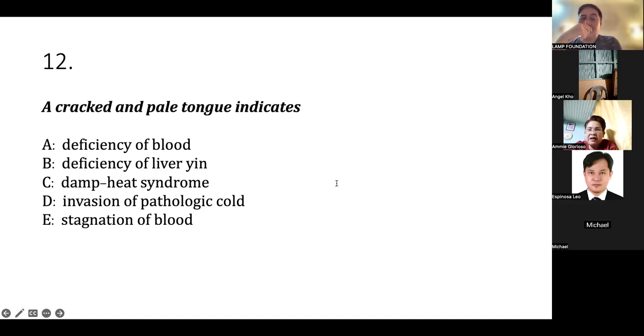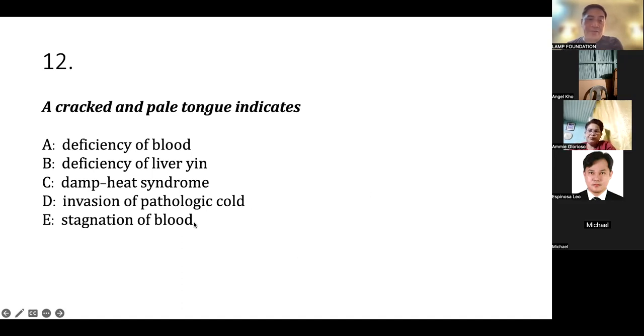Cracked and pale tongue indicates deficiency of blood. Yeah, you can also have cracks and pale tongue. Deficiency of liver yin, okay. Sige, yun muna. Blood deficiency.